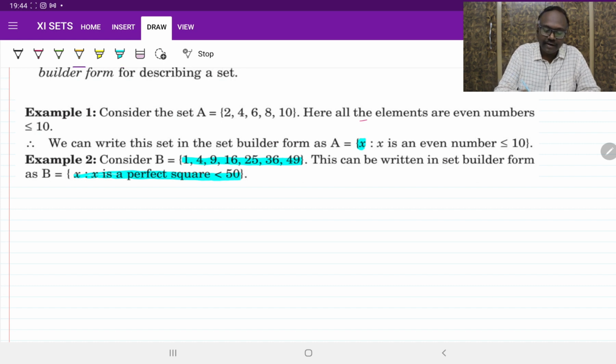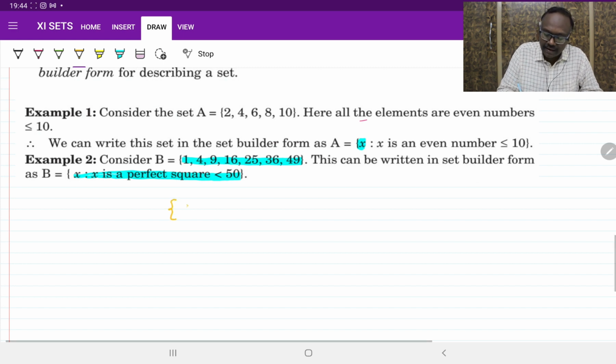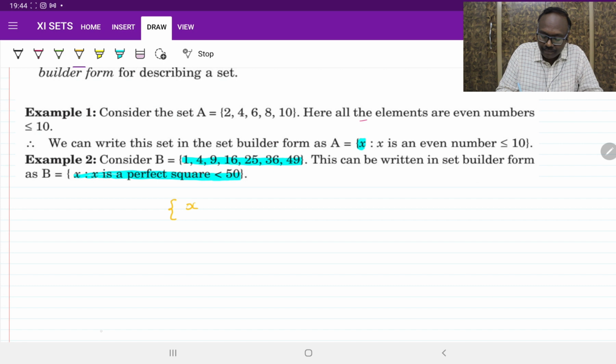The set builder form has certain rules, so let us see clearly how to write this. We can write x or y, anything, and then we put a colon and then write the common property associated with the set. So here it is, x is a perfect square less than 50, and we close the braces.